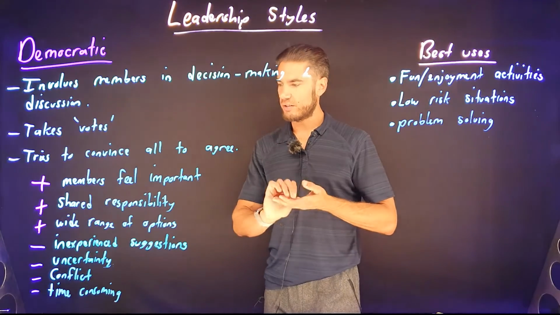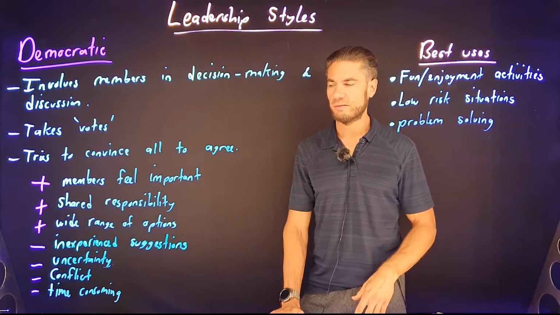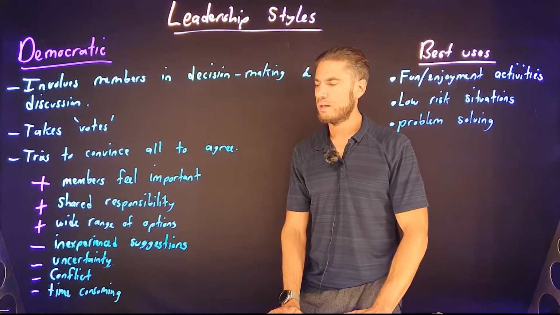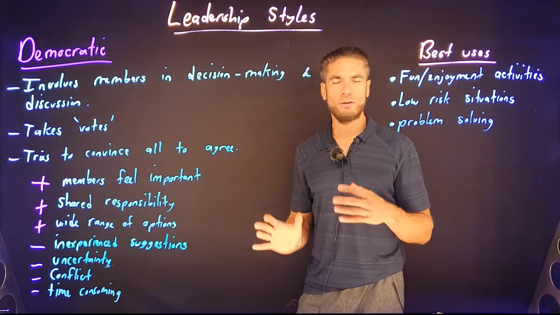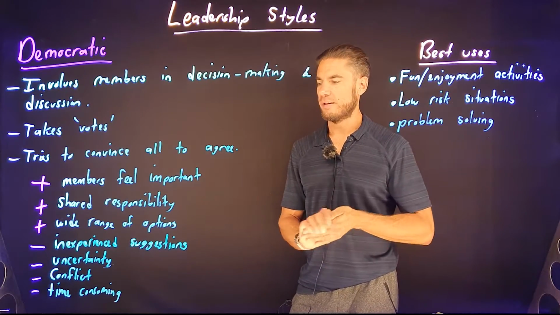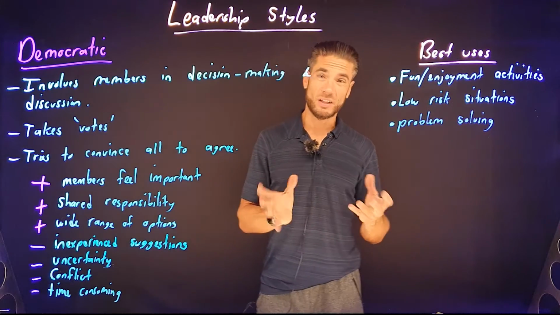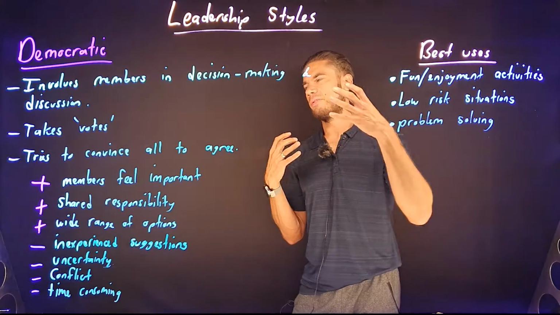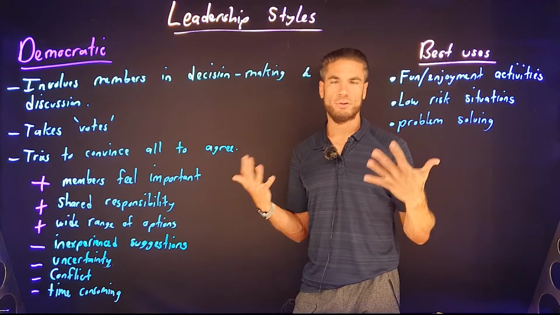Negatives of the democratic style are that sometimes these suggestions can show inexperience and therefore just be silly. It can lead to uncertainty within the group, so they're not really sure what's going to happen, as opposed to just being told, this is what's happening. It can lead to conflict and dissension within the group, so if it is a vote and let's say there are 10 people in the group and 5 go one way and 5 go the other, then you're going to have conflict.